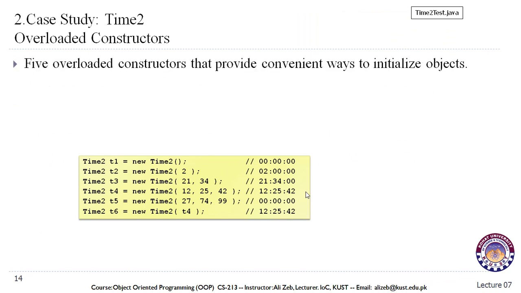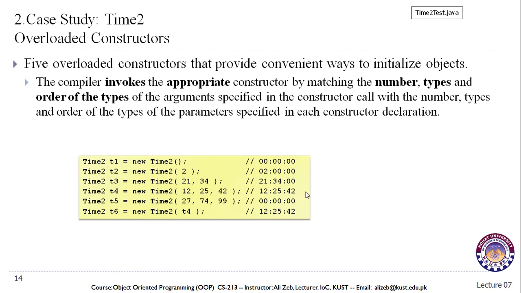So once we have added the 5 overloaded constructors that provide convenient ways to initialize objects, we can initialize objects using those constructors. The compiler invokes the appropriate constructor by matching the number, types, and order of the types of the arguments specified in the constructor call with the number, types, and order of the types of the parameters specified in each constructor declaration.